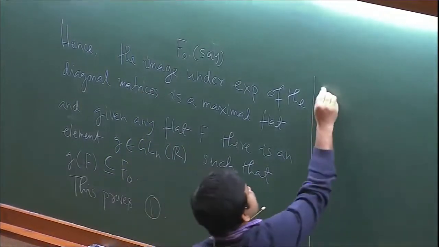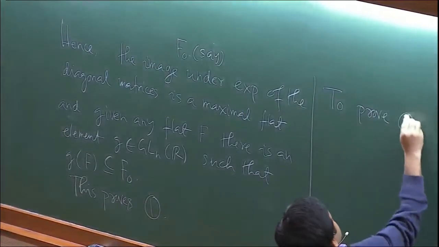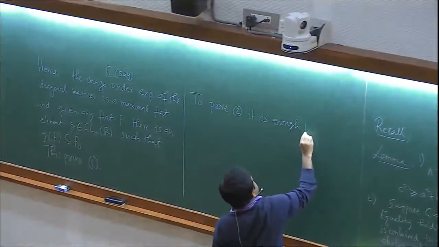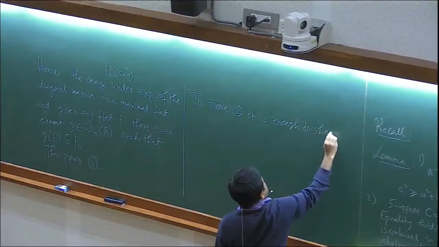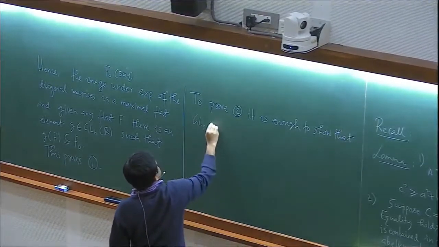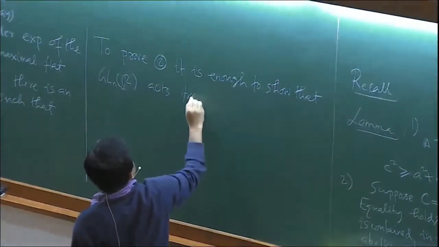So to complete the proof, it is enough to show that GL_n(R) acts transitively on the pairs (F naught, P).